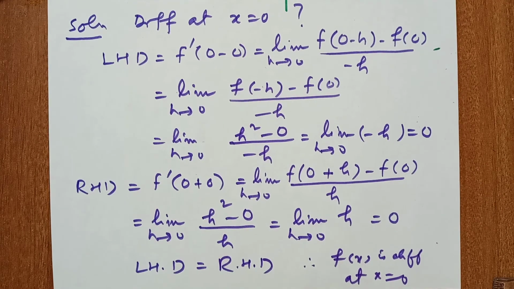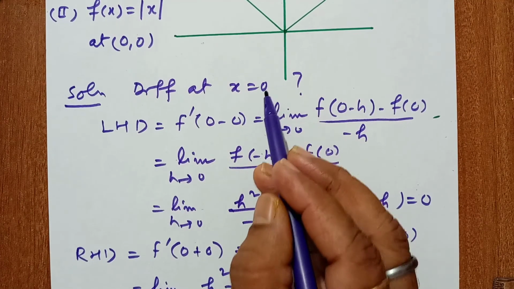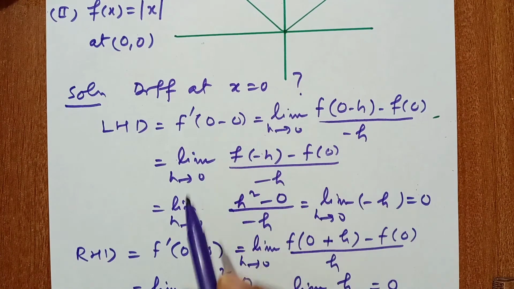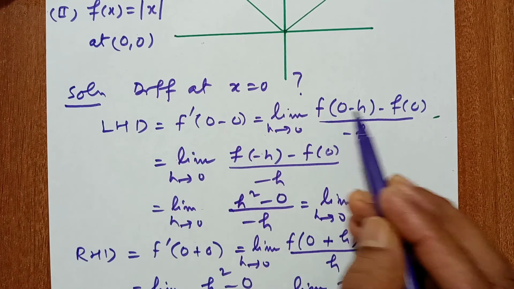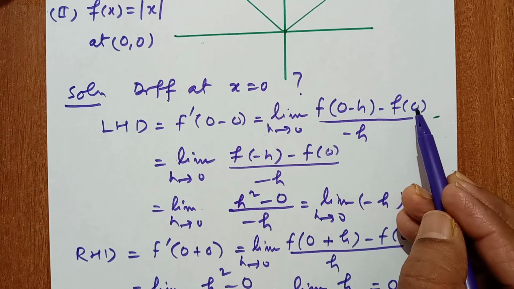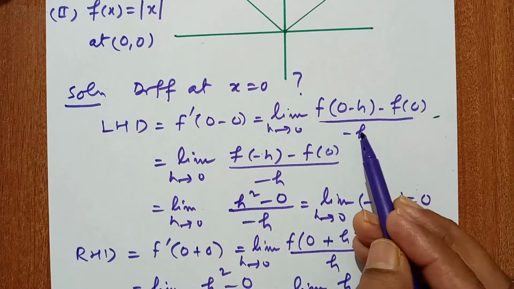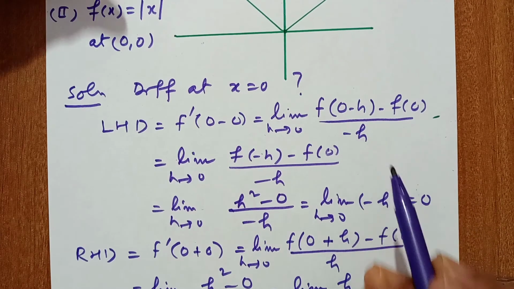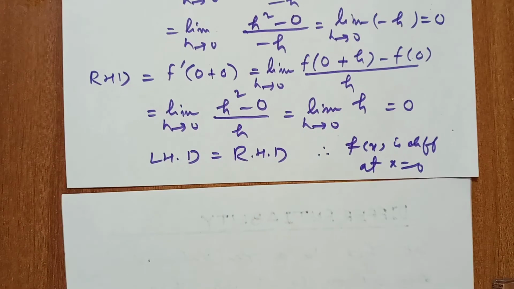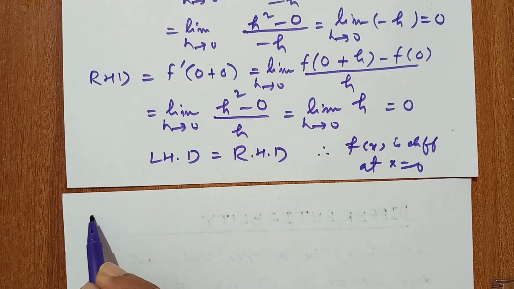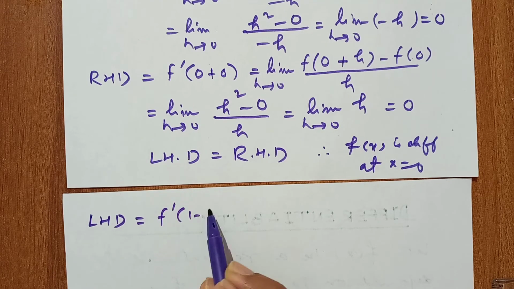Similarly, you can calculate at x = 1. Here at x = 1, f'(1 - 0) is limit of f(1 - h) - f(1) upon -h. In place of 0, we put 1. At x = 1, the left hand derivative is f'(1 - 0).